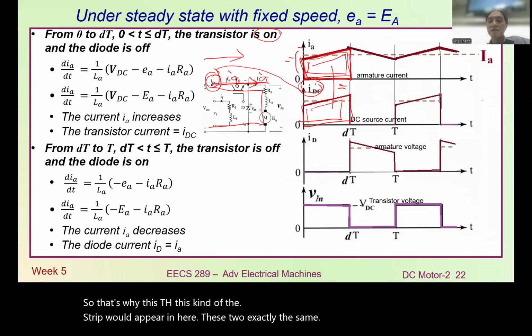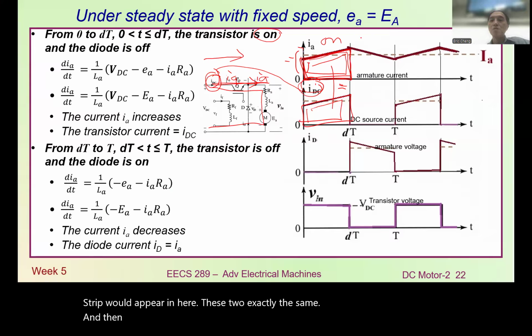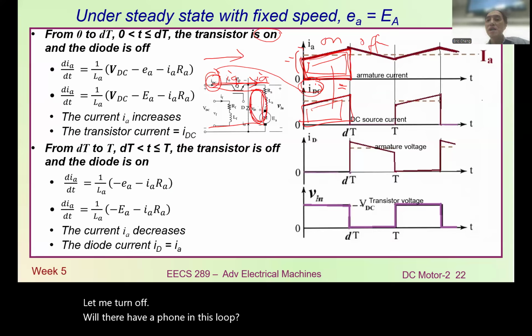And next, that's the on state. When we turn off, this current will flow in this loop. So the IA current will need to conduct through the diode.